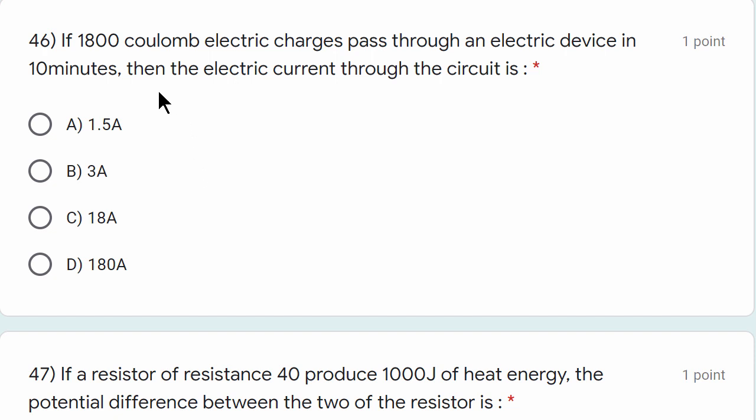So if you divide the 1800 coulomb by 600 seconds, you get 3 amperes as the answer. Okay. So when such a question is given, we must divide the charge by the time in seconds. So 1800 by 600 is 3.